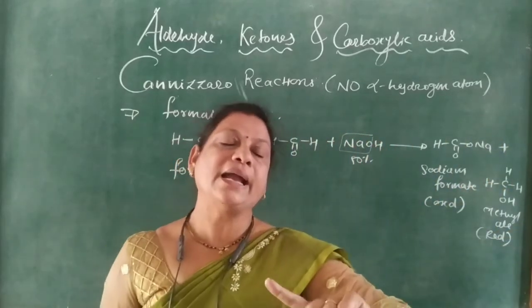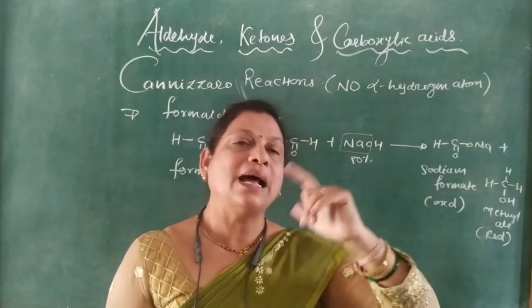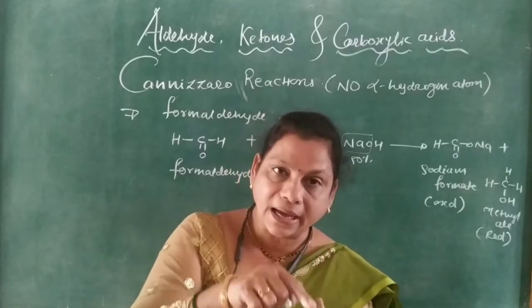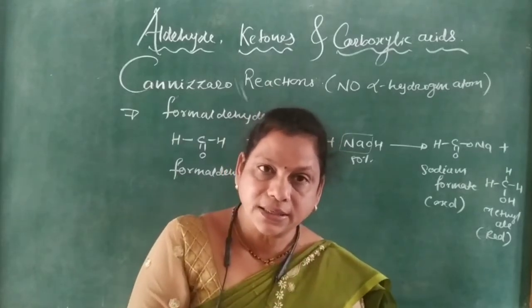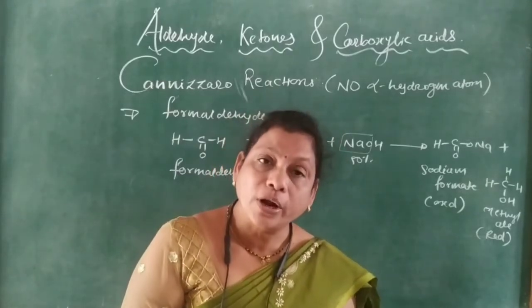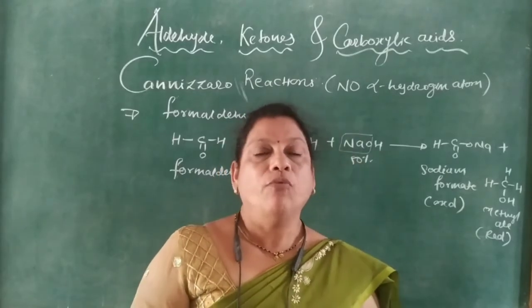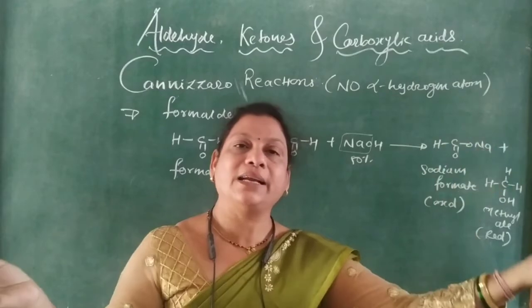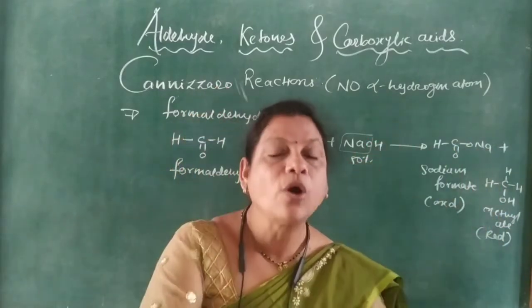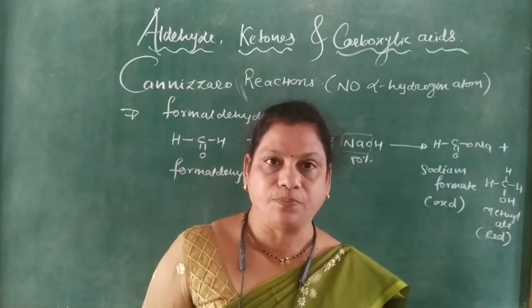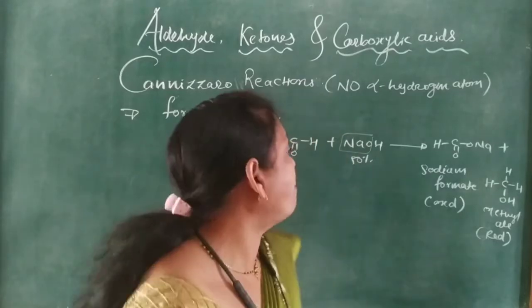One aldehyde on oxidation, another aldehyde on reduction. In the same beaker, in the same conditions and the same molecule, when treated with the same compound, one gets oxidized whereas another gets reduced, and this is the beauty of the Cannizzaro reaction.